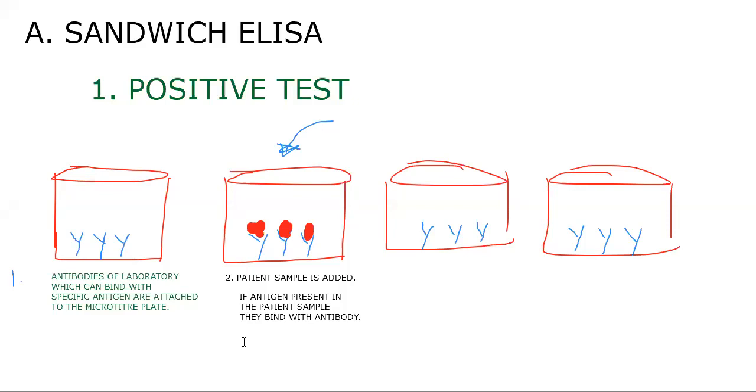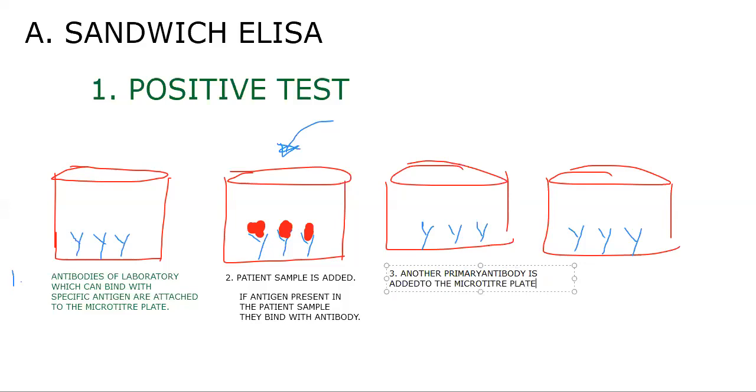And in the third, what we are doing is another antibody is added to the microtiter plate. To differentiate, I am using the word primary antibody: another primary antibody is added to the microtiter plate.